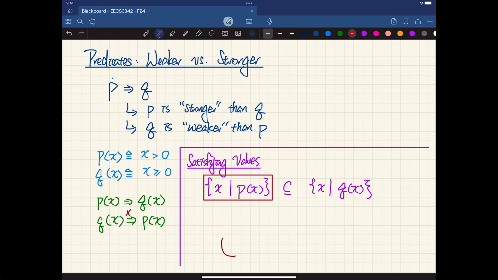So this is going to be the set of values that satisfy P, which is x larger than 0. That one there is going to start from 1, and then 2, and then 3, all the way to plus infinity. So that is the set of all satisfying values for p of x.